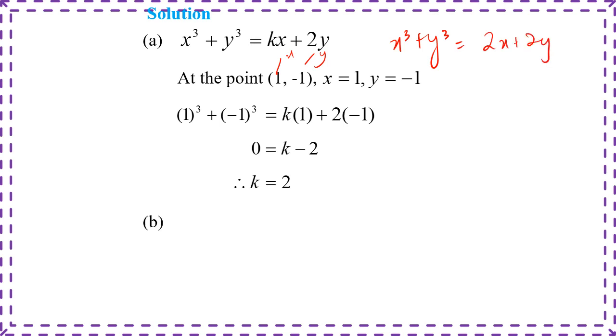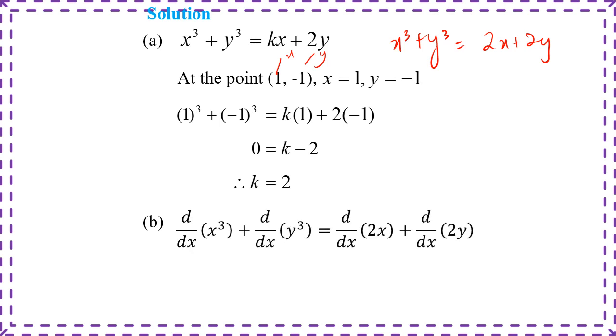So for question B, we need to find the derivative. So we need to differentiate each of the terms. So differentiate x cubed with respect to x plus differentiate y cubed with respect to x equal to differentiate 2x with respect to x plus differentiate 2y with respect to x. So applying the implicit formula if needed.